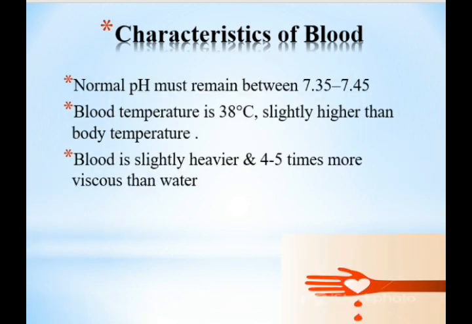Characteristics of blood: the pH will be neutral, 7.35 to 7.45. But the temperature is slightly higher than your own body temperature. Usually for your skin it is 36.5. Regular temperature within your body is 37, but blood will be around 38, which is slightly higher than body temperature, and it is heavier than water, as much as 4 to 5 times.